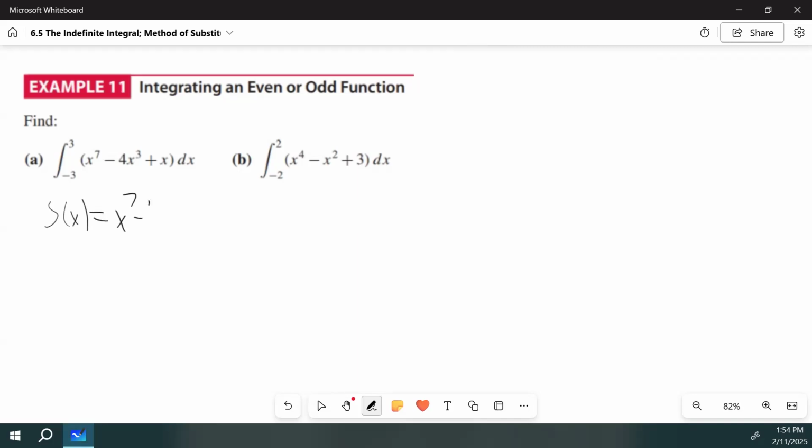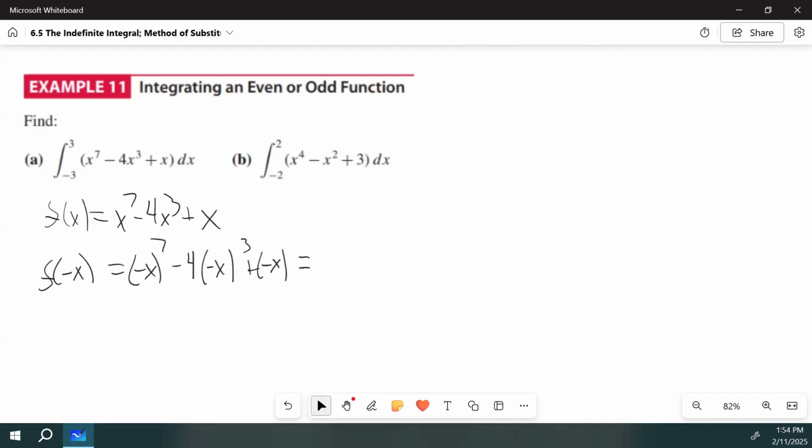x to the 7th minus 4x cubed plus x, and we plug in negative x. So negative x to the 7th minus 4 times negative x cubed plus negative x. And then you simplify that.